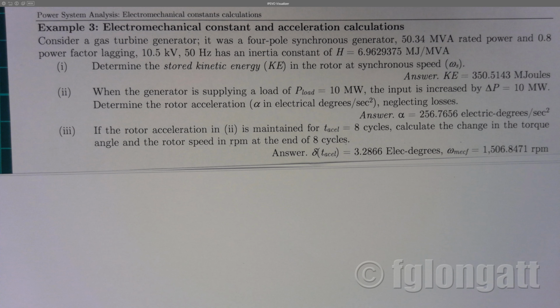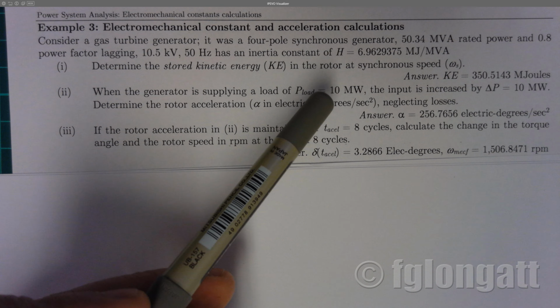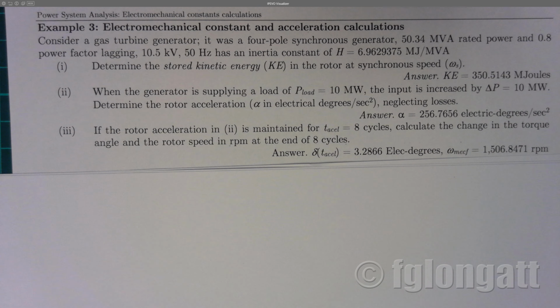The rated power factor of this generator is 0.8. Nominal voltage is 10.5 kilovolts, and this is a 50 hertz generation unit. Finally, we have the rotational inertia constant H, 6.96 megawatts-seconds over MVA.